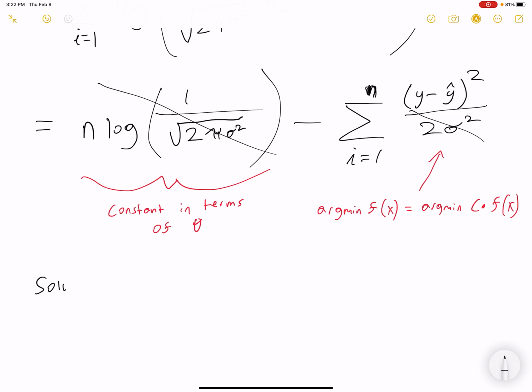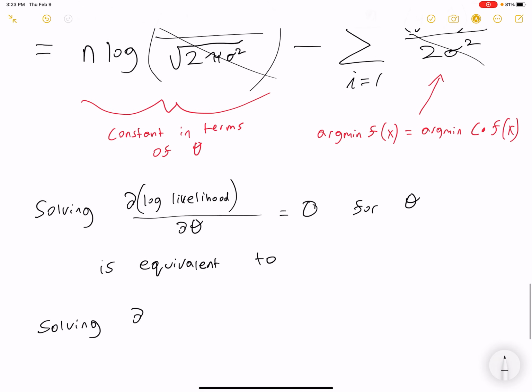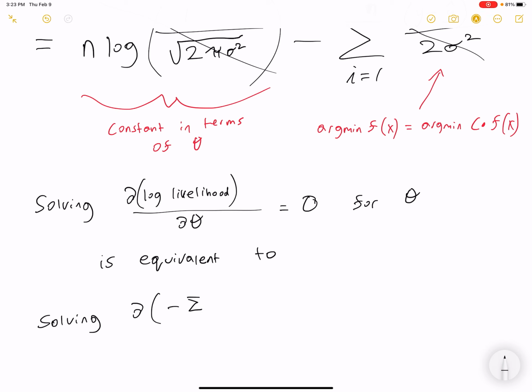Solving the partial derivative of the log likelihood with respect to theta equals 0 for theta, in maximum likelihood estimation, is equivalent to solving what's left of this term, which should look pretty familiar: the sum over our data points of y minus y hat squared, with respect to theta equals 0, for theta.